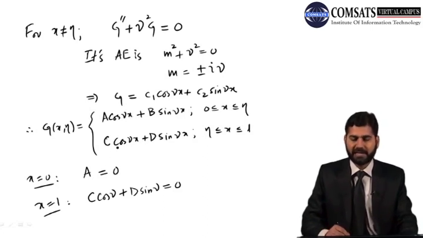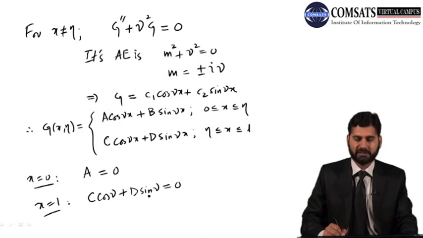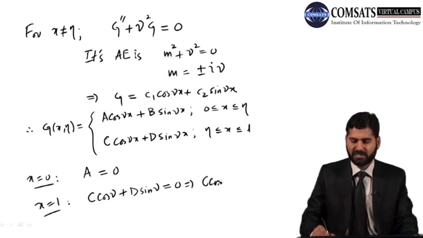But here you are getting c cosine nu at x is equal to 1. So it's c cosine nu plus d sine nu is equal to 0. So you are not getting one of them to be equal to 0. What you can do is write one in terms of the other, like this: c cosine nu is equal to minus d sine nu. All right.